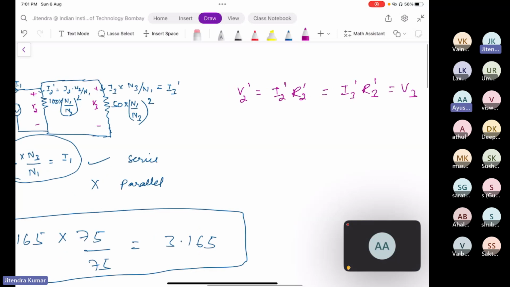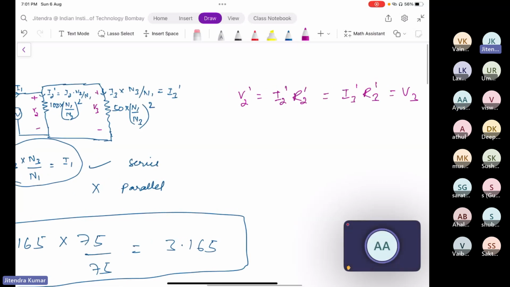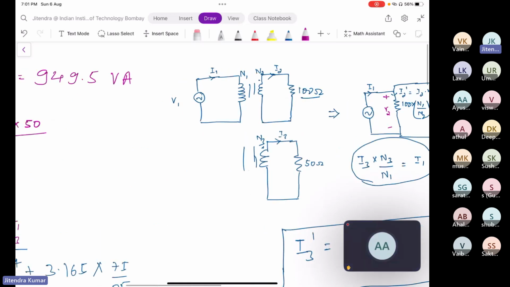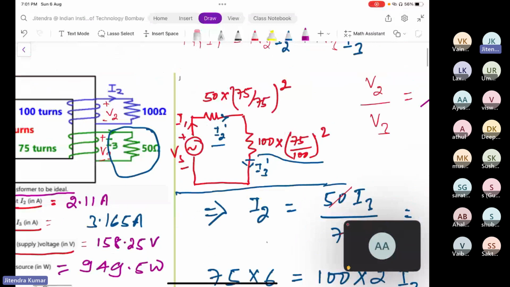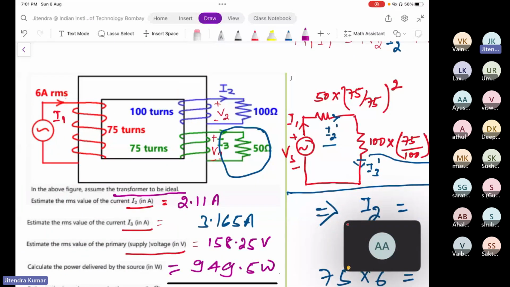Yeah. So R2 dash we have computed, I guess. Anyway, R2 dash will be 100 into (75 by 100) square.